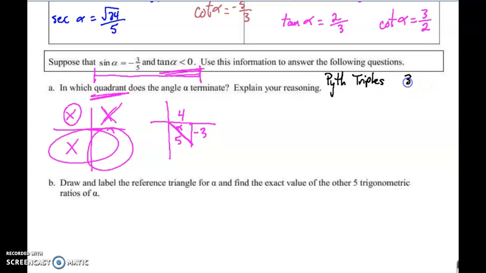The most famous of which is 3, 4, 5. And the 5 has to be the hypotenuse. The largest side has to be the hypotenuse. And any multiple of 3, 4, 5 is also a Pythagorean triple, like 6, 8, 10.